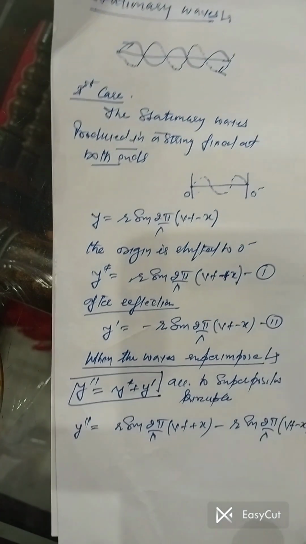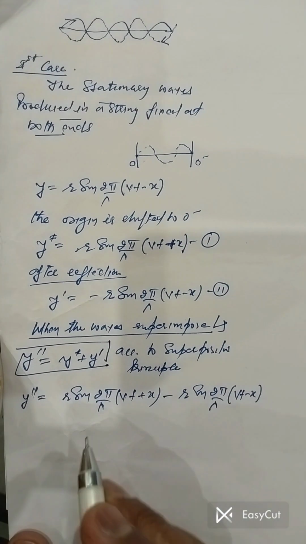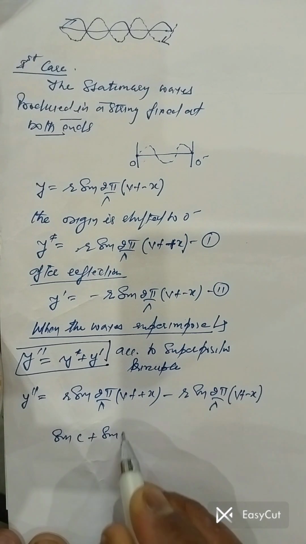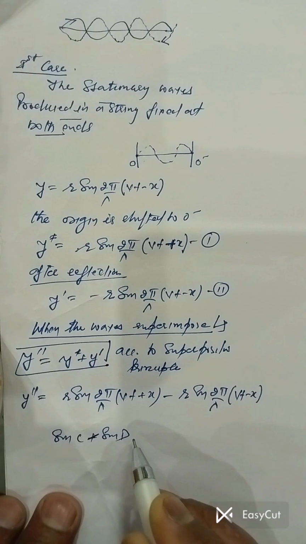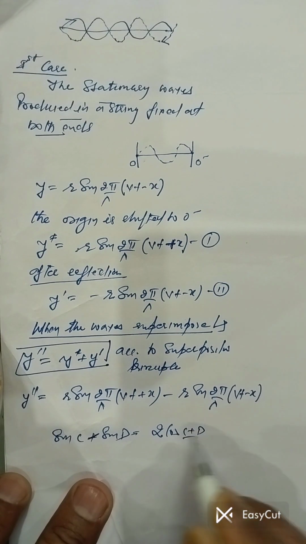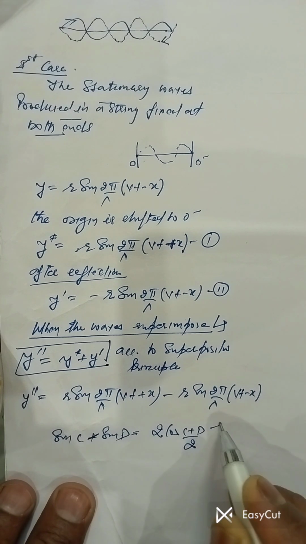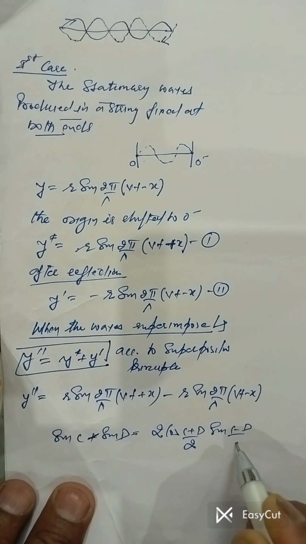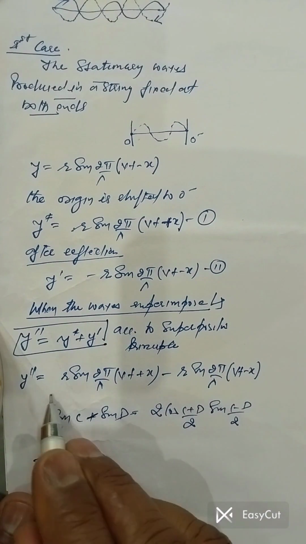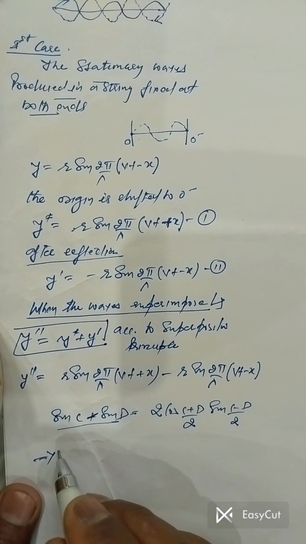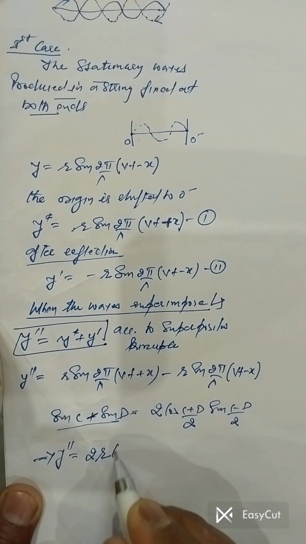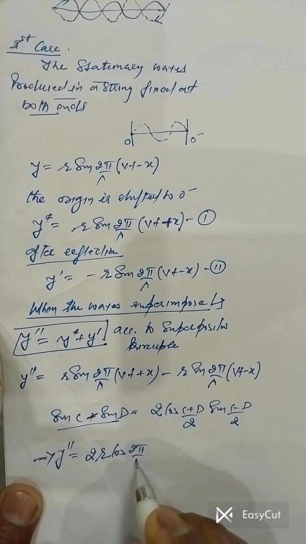Okay, so we will apply a rule here, and what is that rule? Sine c minus sine d is 2 cos (c plus d) upon 2 and sine (c minus d) upon 2. So we will apply this rule in this equation. Y double dash will be equal to 2r cos 2 pi upon lambda.